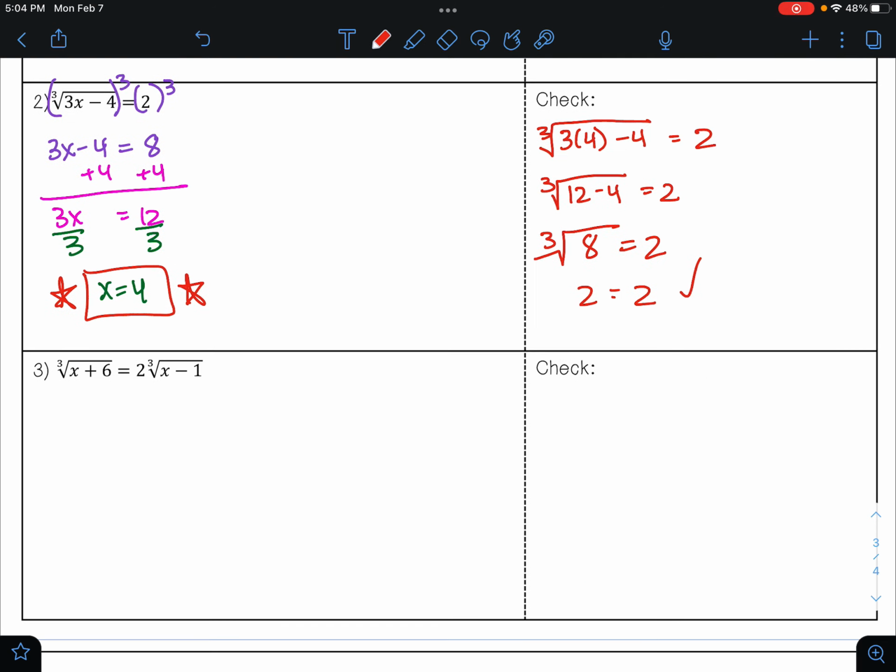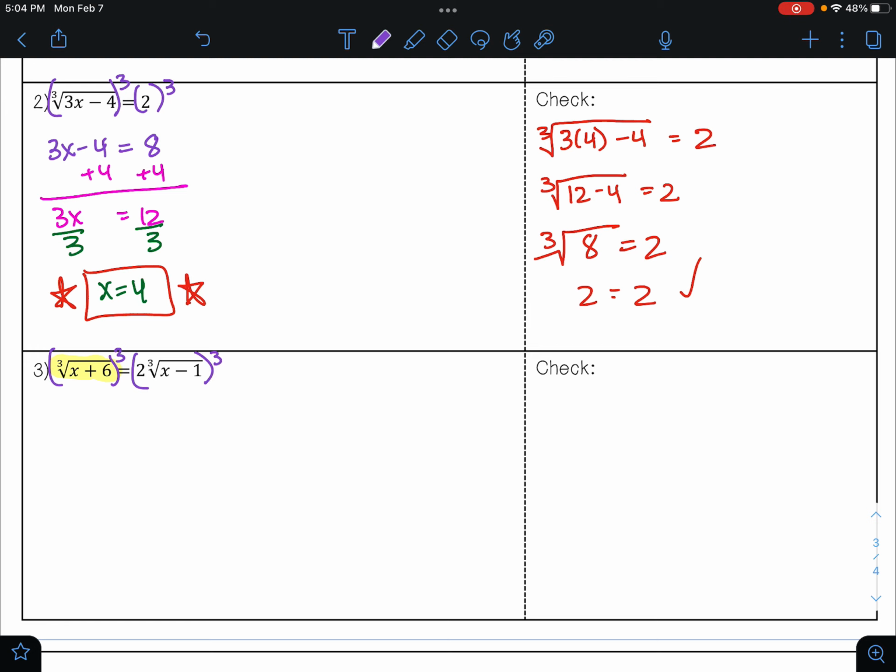On example 3, when you have more than one cube root, you need at least one of them to be isolated. The cube root of x plus 6 is isolated on the left-hand side. So we can go ahead and undo the cube root by cubing both sides.